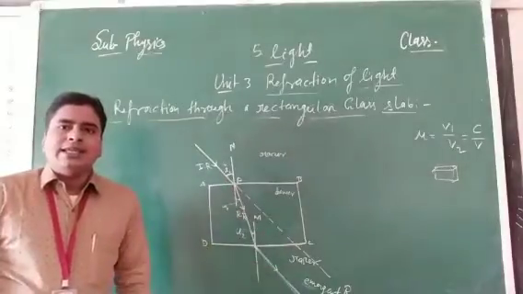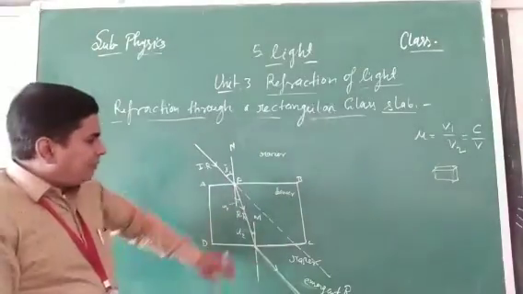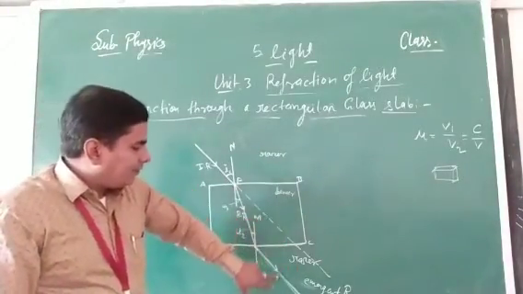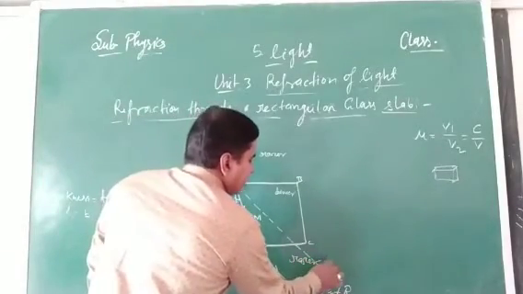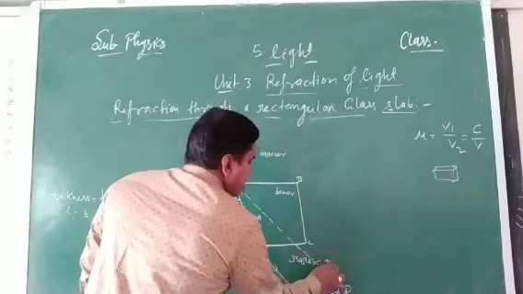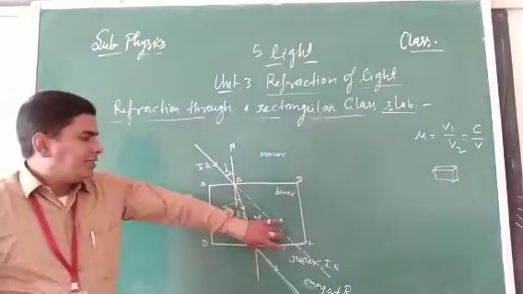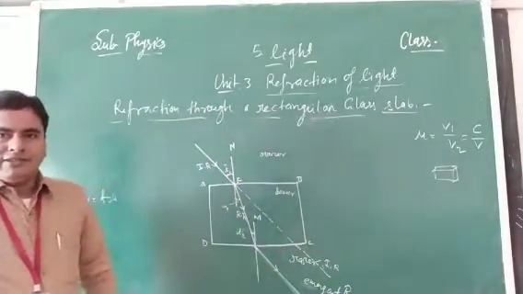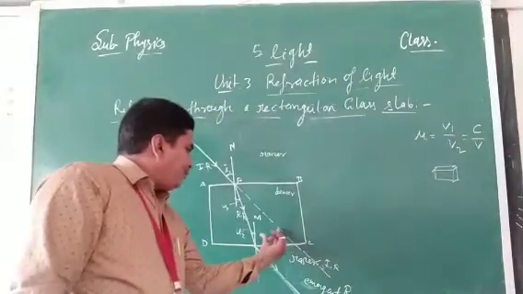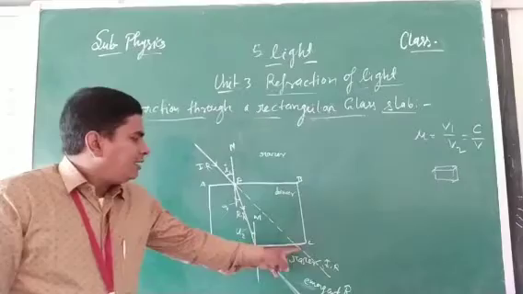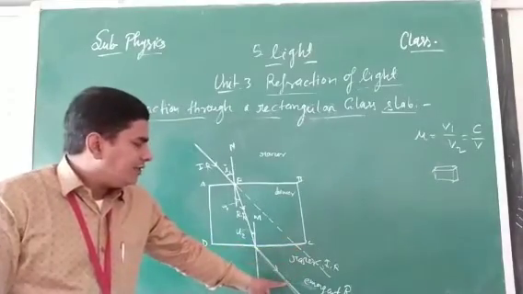The perpendicular distance between this emergent ray and the initial incident ray is D. This is the perpendicular distance between the initial incident ray and the emergent ray.